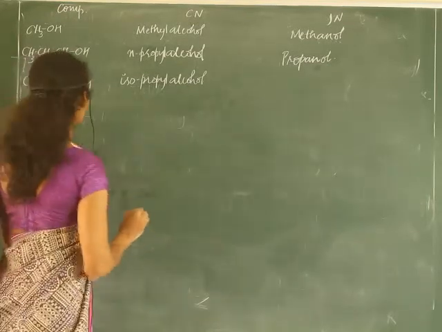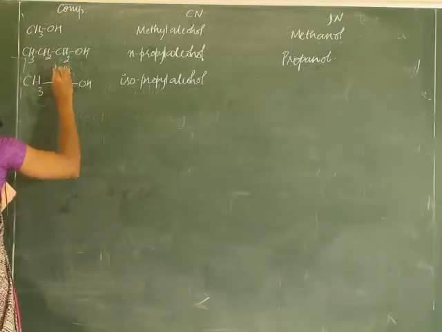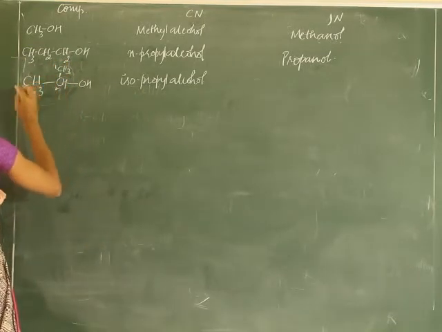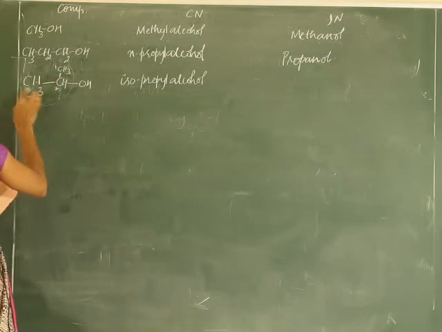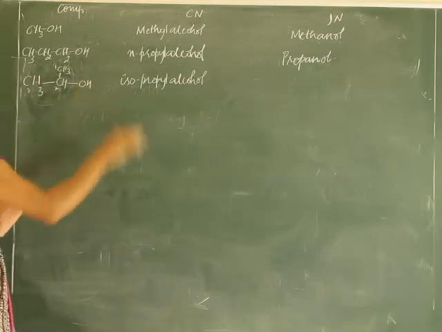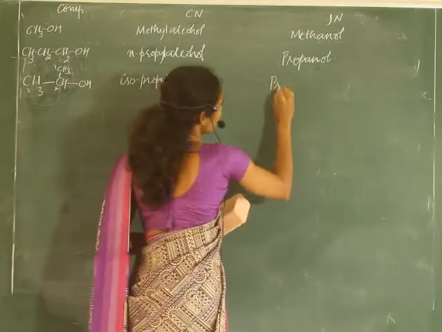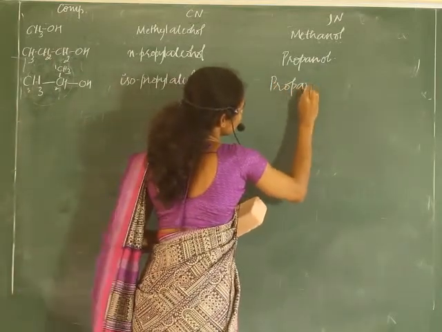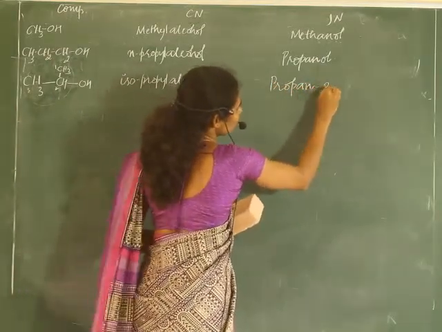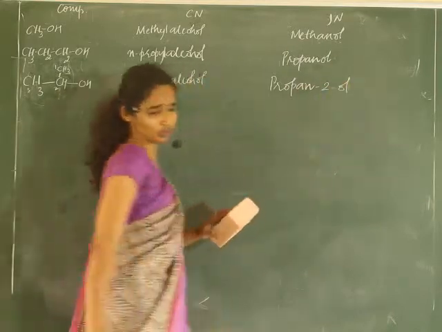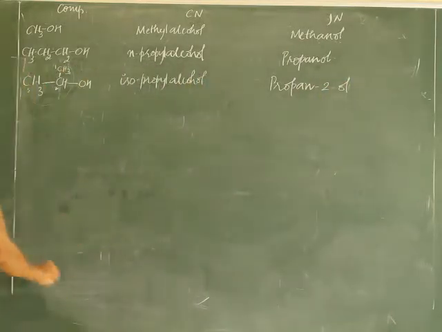And the IUPAC name, I'll take 1, 2 and 3. 3 carbon parent chain. To the second carbon, the OH group is attached. Hence, the IUPAC name is propan-2-ol. Propanol, right? Propan-2-ol.